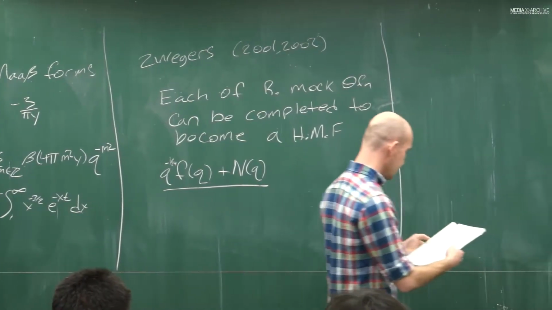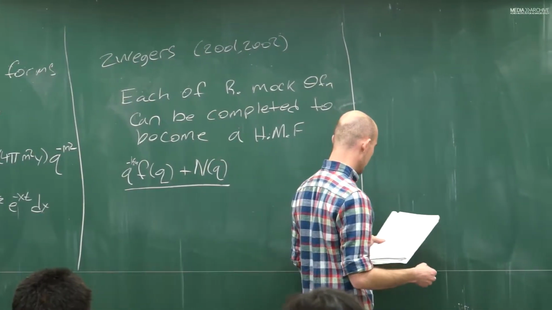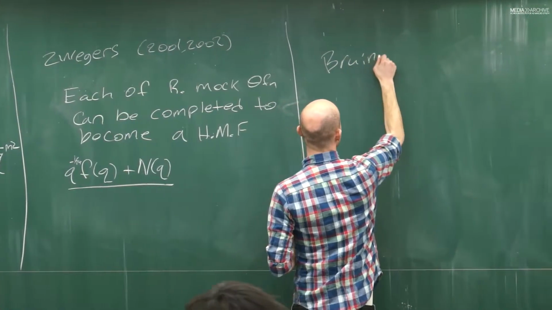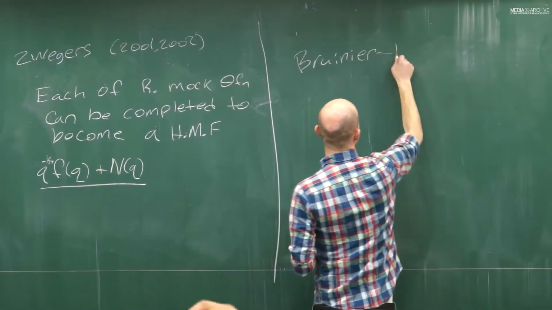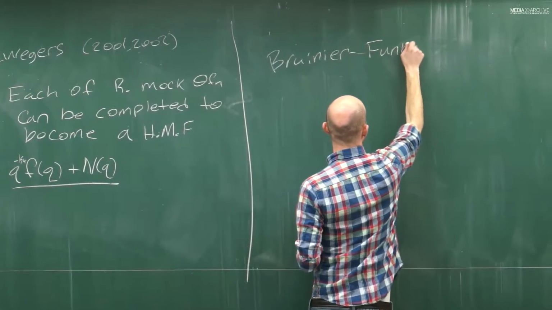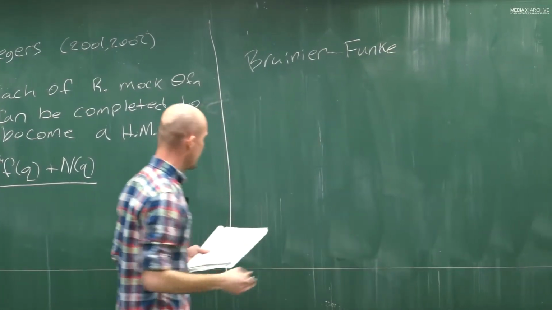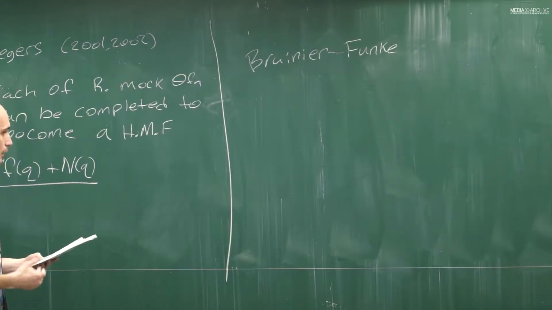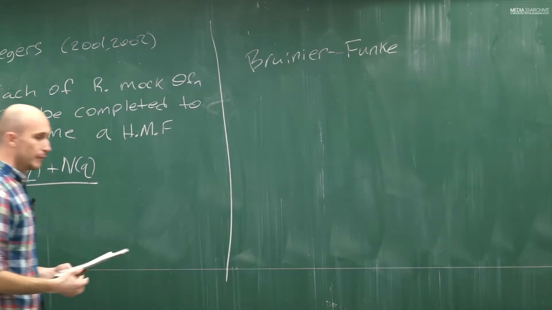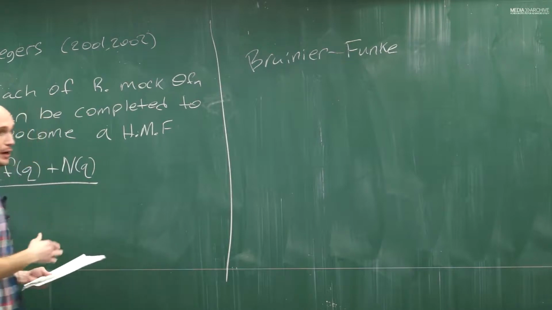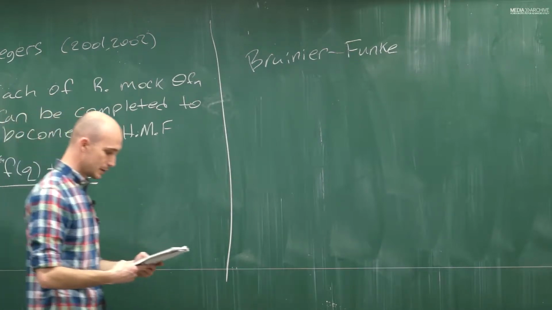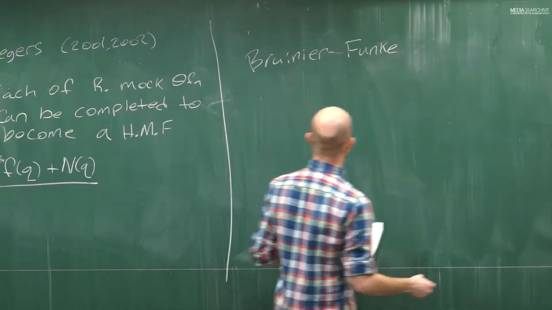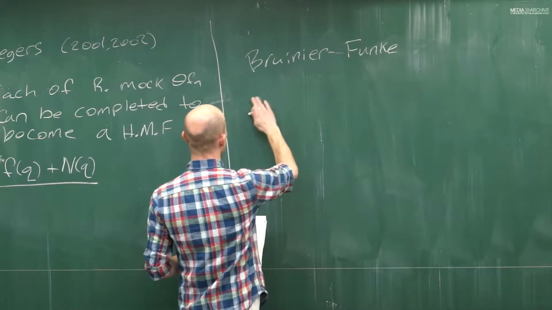Bruinier and Funke wrote this paper on two geometric theta lifts, and in this paper they investigated a lot of the properties of harmonic Maass forms. They fleshed out a lot of this theory in there.